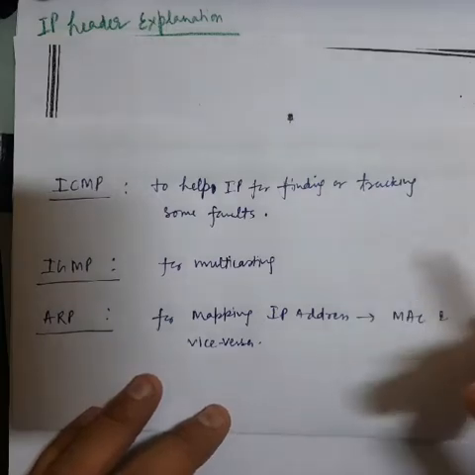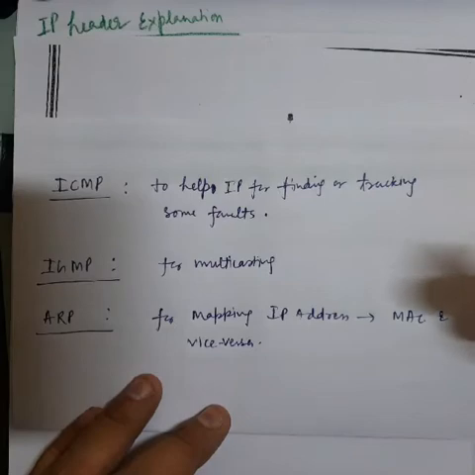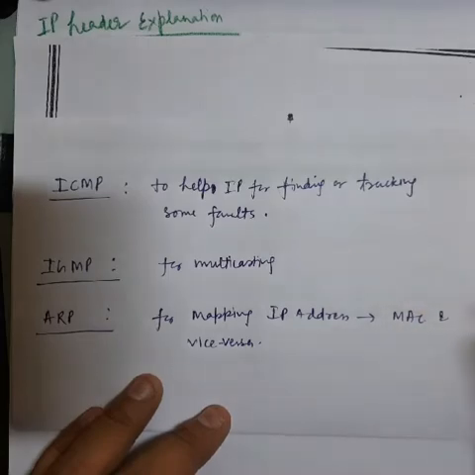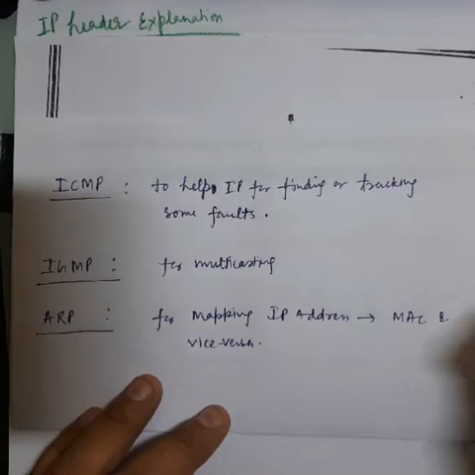In other terms, we can say when the network layer, that means the third layer of the network model, picks up information from the second layer, or we can say the data link layer, in which the MAC address is very important. So information comes from the data link layer, and it will be represented through the MAC address.